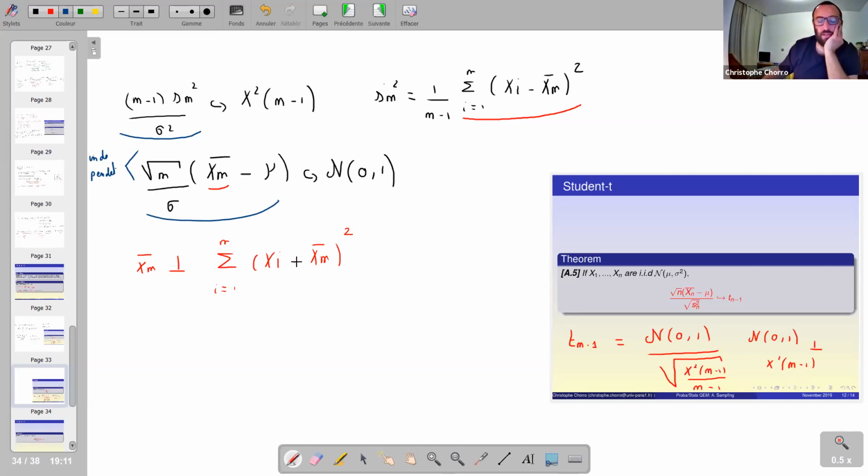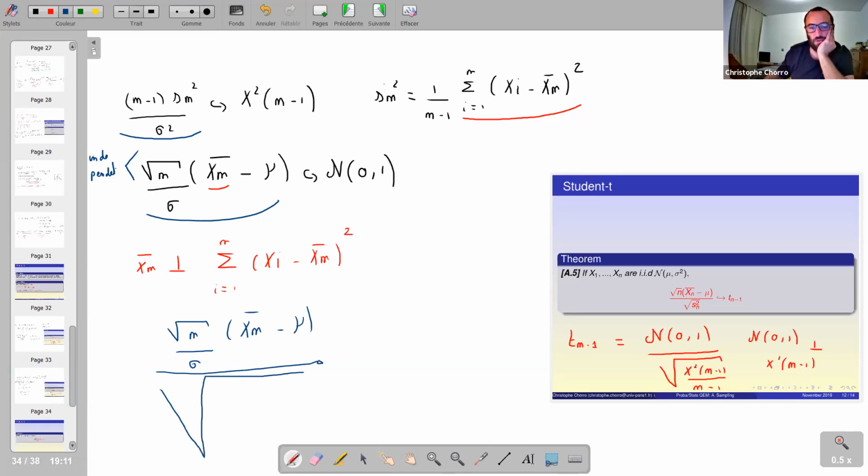So if I use this to define a student T, I start from my N(0,1). I divide by the square root of my chi-square, which I have to divide by n minus 1. And I obtain this way a T of parameter n minus 1, by definition.